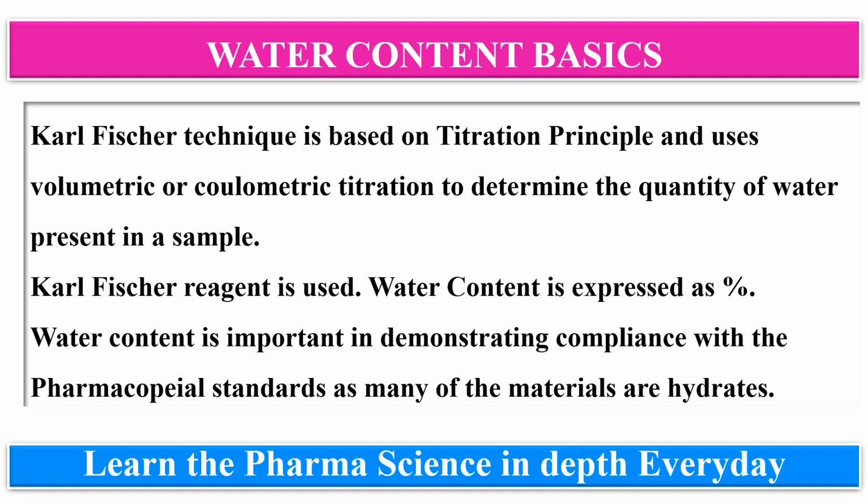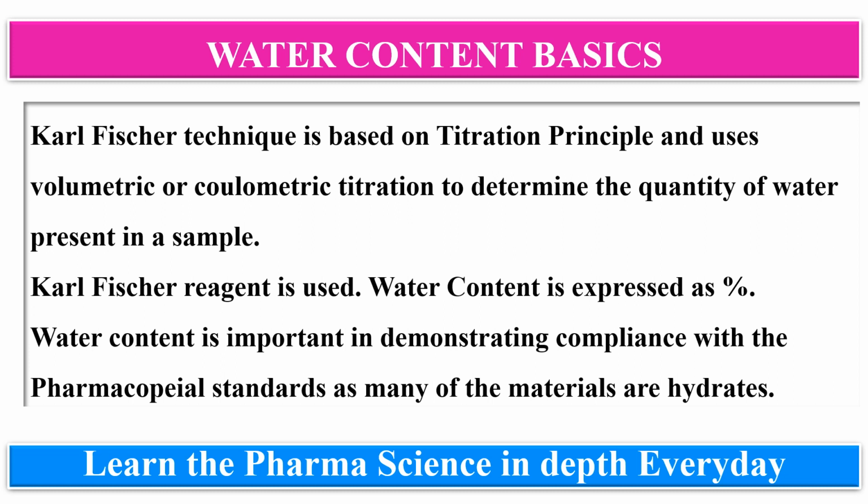So this is basically a titration type of test in which the water reacts with another material and it gives the percent content of the water. Karl Fischer reagent is used in this technique and the water content is expressed as percent content.